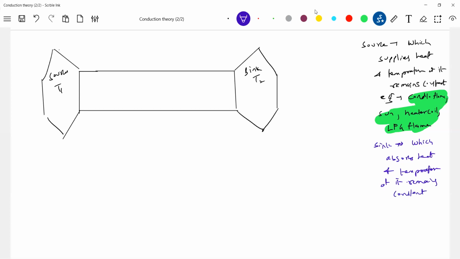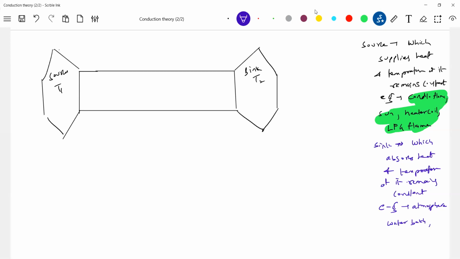Example, a big water tank, a water bath usually. They will absorb heat and it will not change. Or a good example, the atmosphere. Will the temperature of the atmosphere increase? No. Water bath. These are some examples we have here.